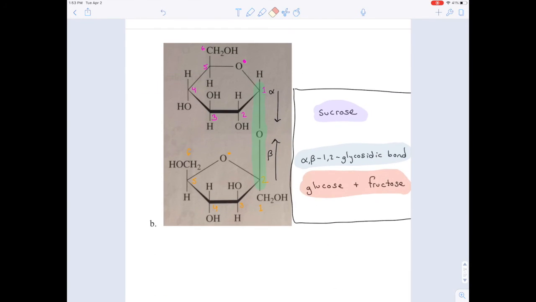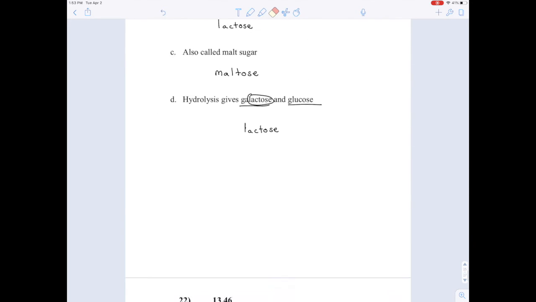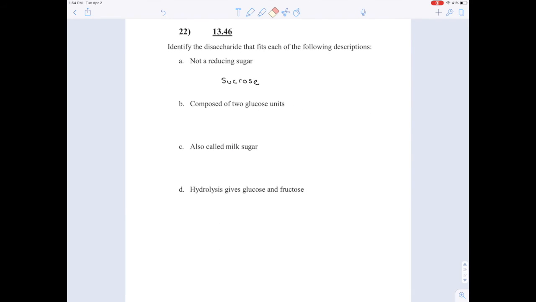But if in both of the rings, the carbon to the right of the oxygen doesn't have an OH on it, then it's not a reducing sugar. So that's that, but that's maybe a little more complex than is sometimes necessary in principles of chemistry.